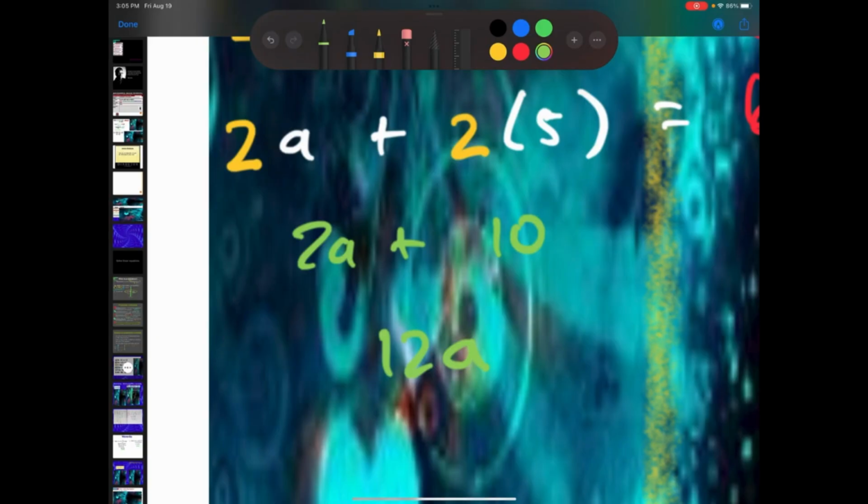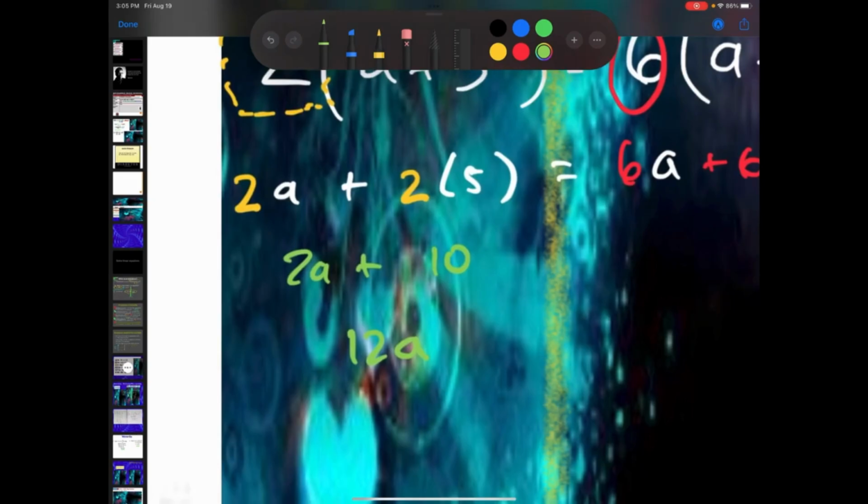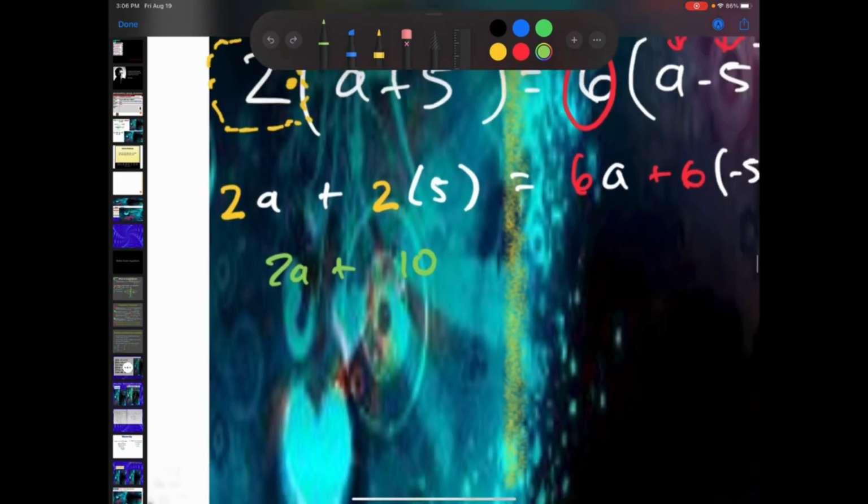Raise your hand yes. Raise your hand no. Okay? If you know what you're doing, these are not like terms. The 2 has an A next to it, and the 10 has no A. So you cannot say they're in the same group. So saying 12A would have been incorrect. I did that on purpose because that's one of the number 1 mistakes students make.